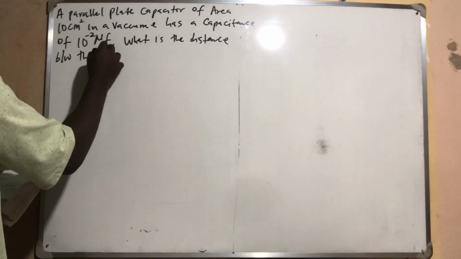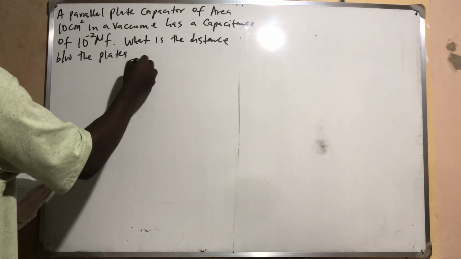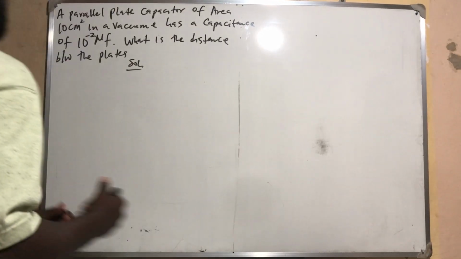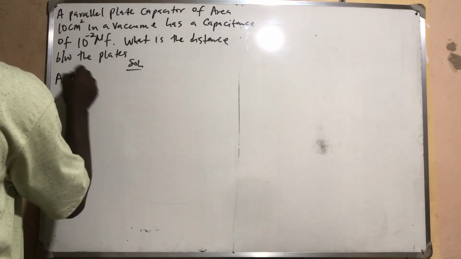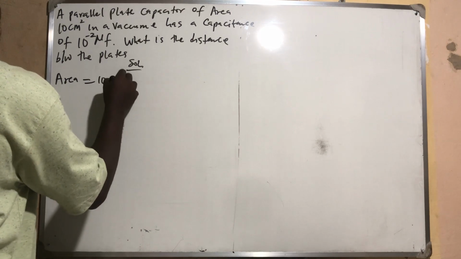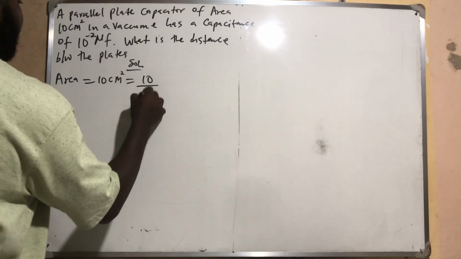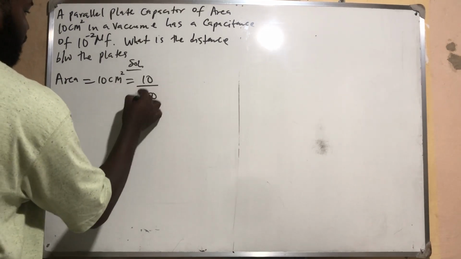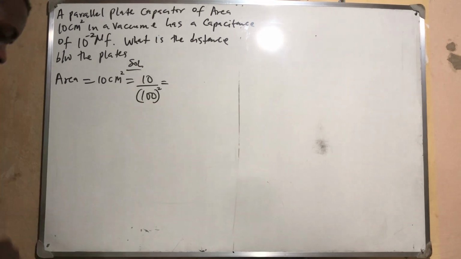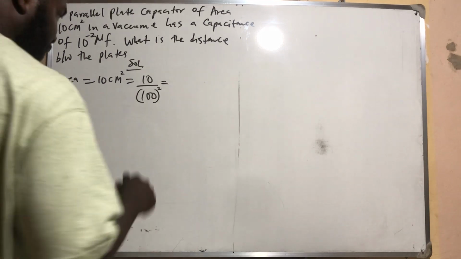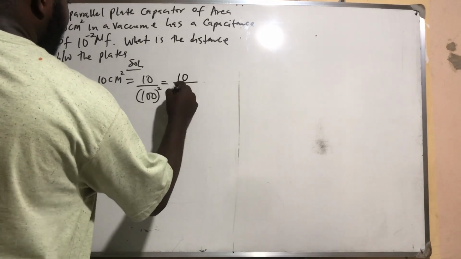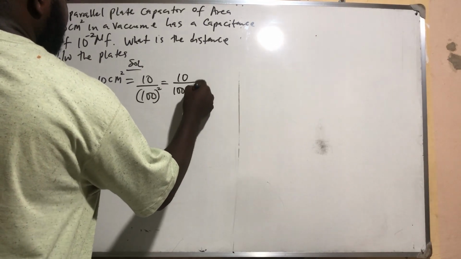Between the plates. All right, solution. This is very simple. Let us bring out what we are given. First of all, they gave us area, and the area they gave us is 10 cm squared, which is what? 10 divided by 100. Because it is squared, that my 100 should be squared. So if you divide that, you'll be having that your area is 10 divided by 10000. So this cancel this.